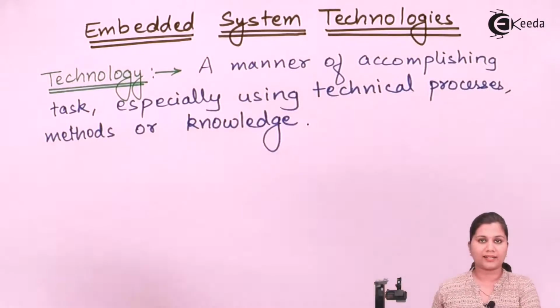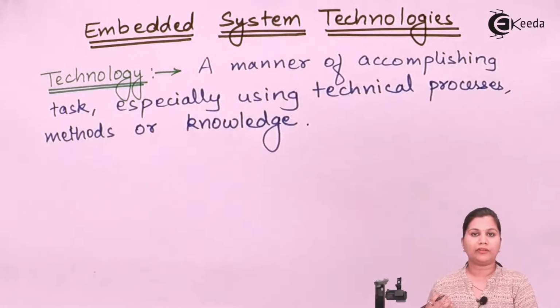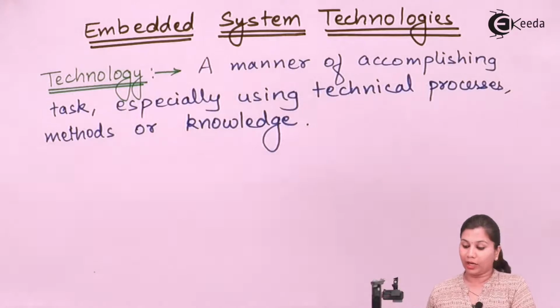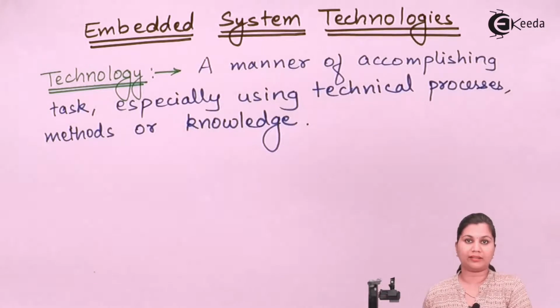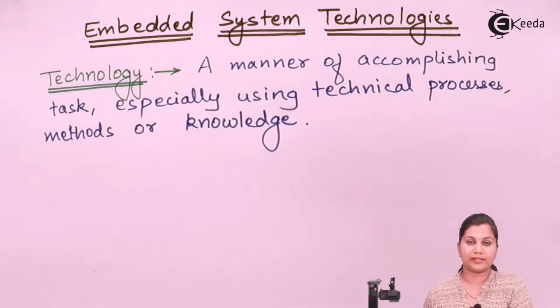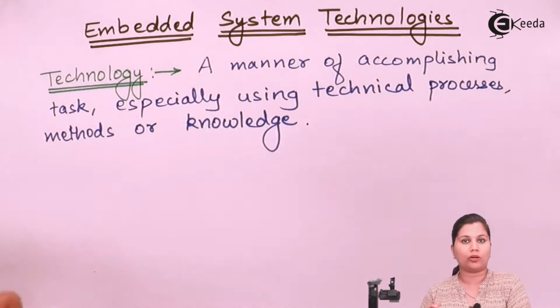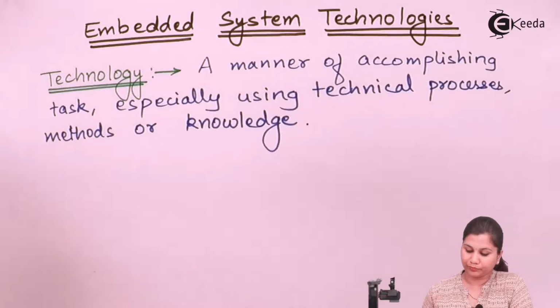So whenever any task is being done, we use some method or process to do that task. If we are using technical methods and technical knowledge or process to accomplish the task, then that is called technology.